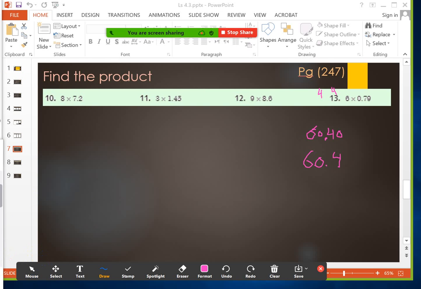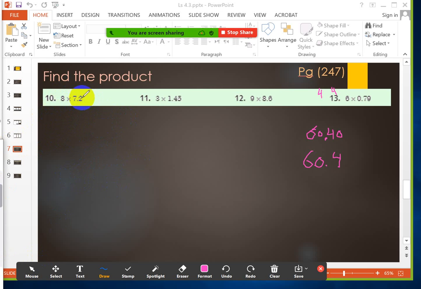Let's see, Emma. Emma, could you please open your mic and help me to multiply 8 with 7.2 with the distributive property? Okay. Could you help me, please?